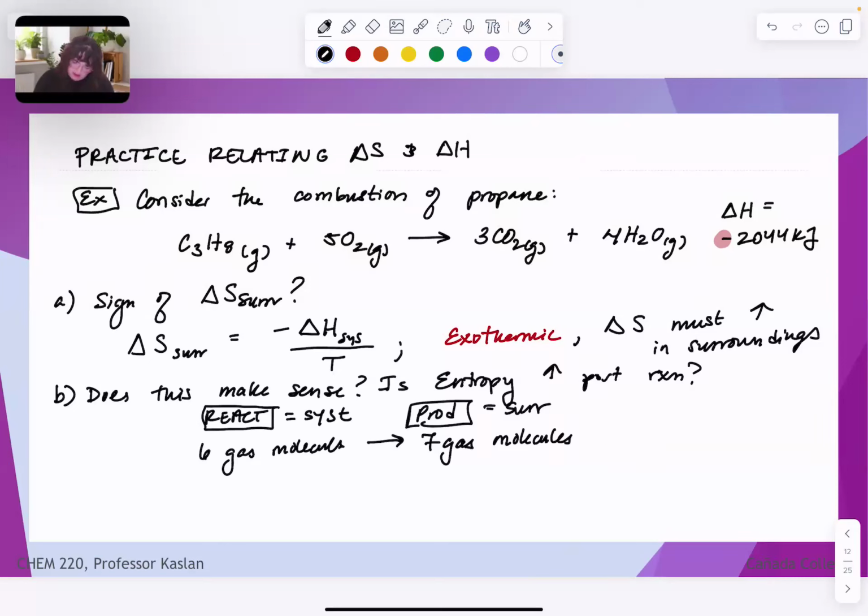So the surroundings entropy is greater than the original entropy of the system. So therefore, the change in the entropy of our surroundings is positive. We have to have increased our disorder, and we did in this combustion.